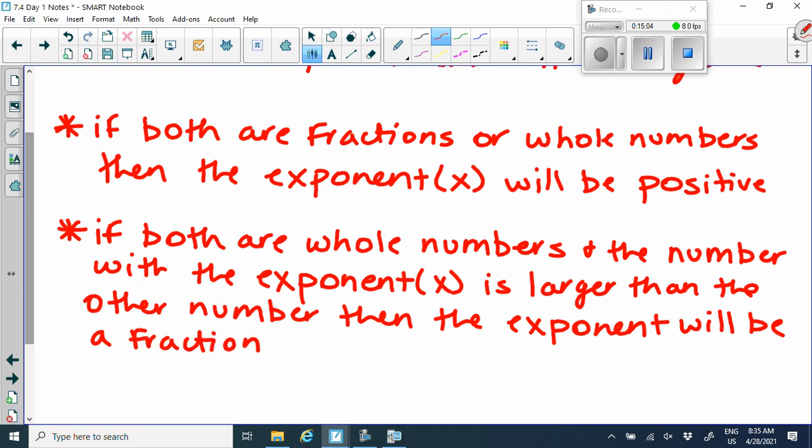Because otherwise, if your base is smaller than your answer, then of course you're going to have a whole number as your exponent. If your base is bigger than your answer, then your exponent is going to be a fraction.